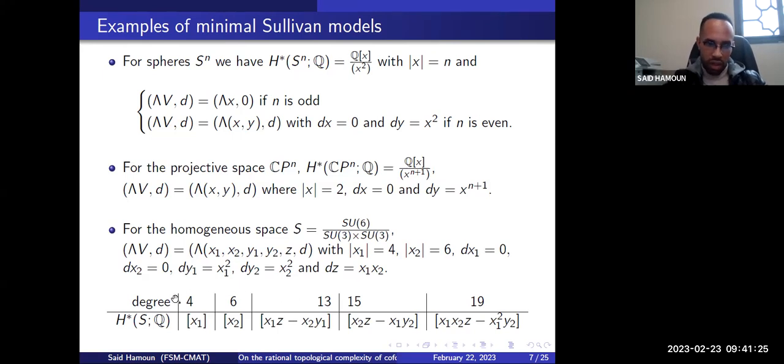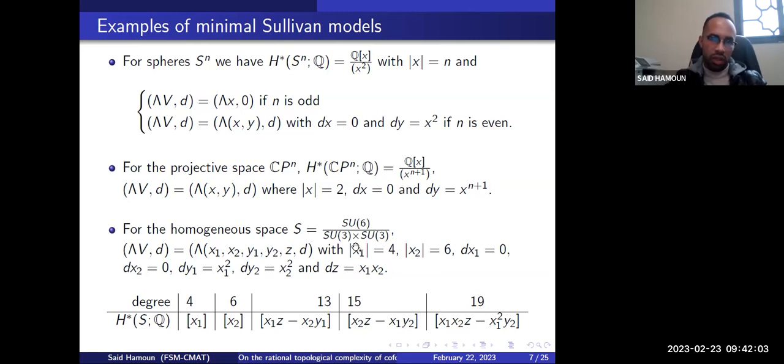And moreover, the rational cohomology of this space is given by the cohomology classes x1, which is of degree 4, x2, which is of degree 6, x1z minus x2y1, which is of degree 13, x2z minus x1y2, which is of degree 15, and the last one represents the top class of the space, which is given by x1x2z minus x1 to the power 2 y2, which is of degree 19.